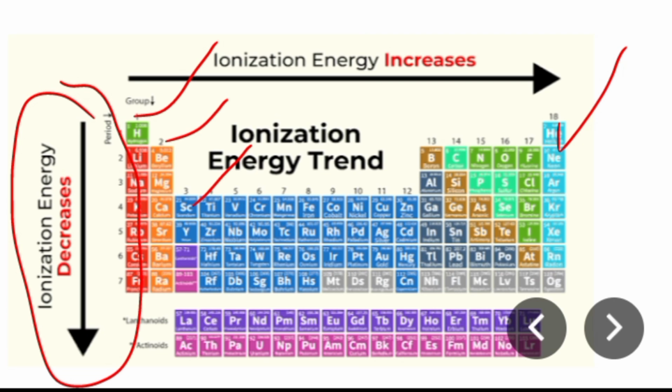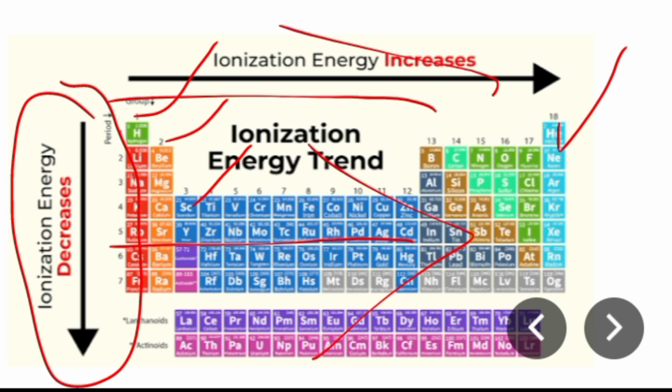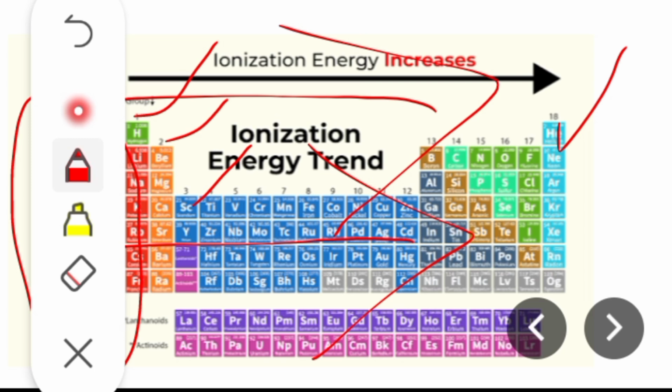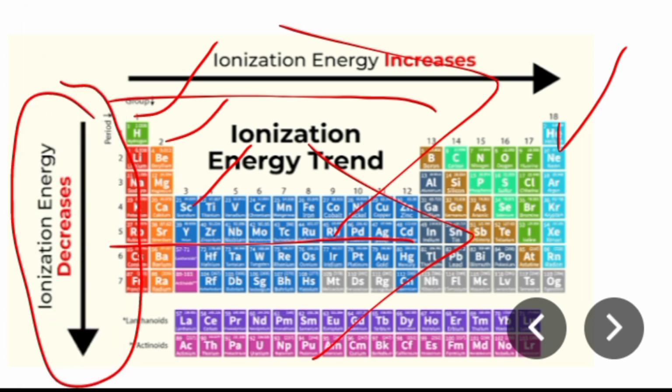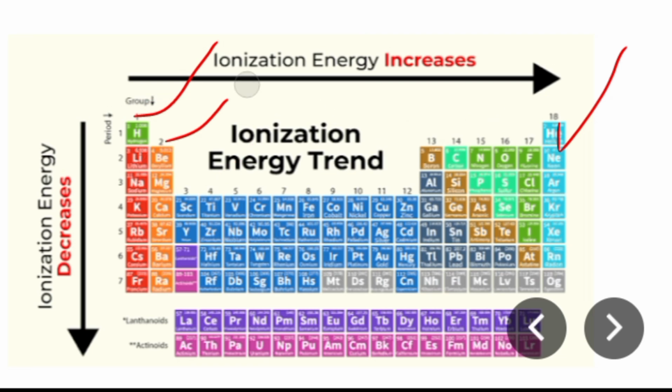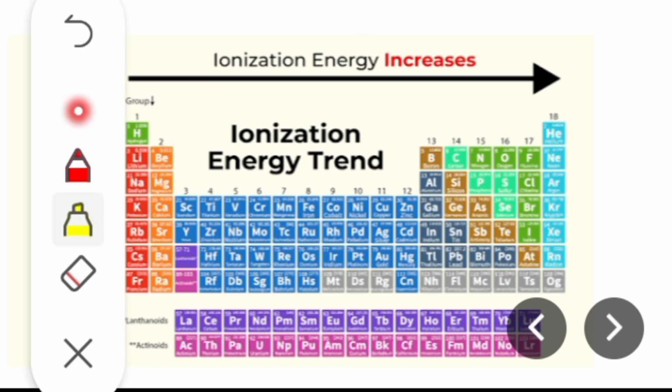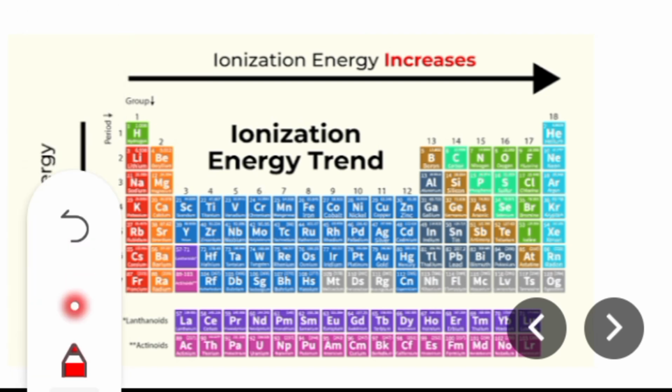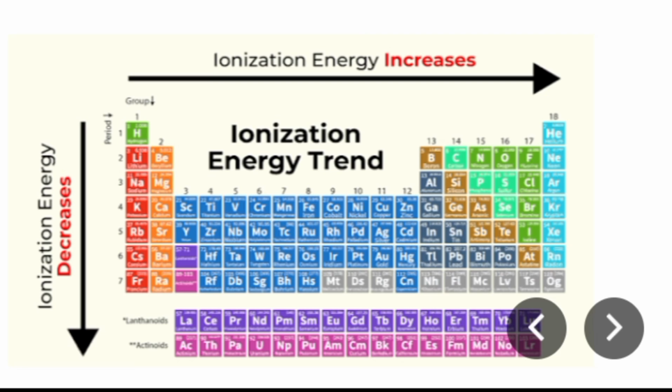Then we have what we call the periods. As you go across, we have the periods, and there is a relationship written there about the period. It is written that ionization energy increases as you go across the period. I guess you can all see where I'm reading from.